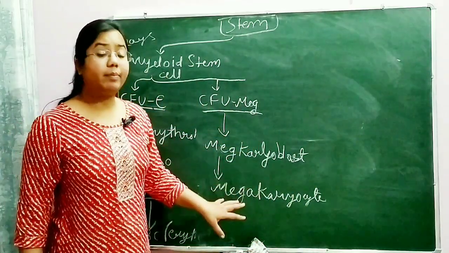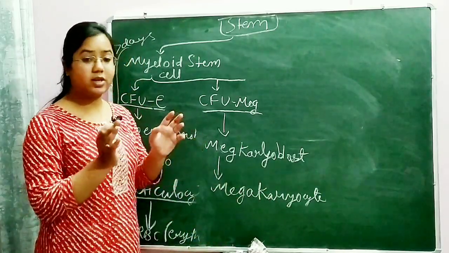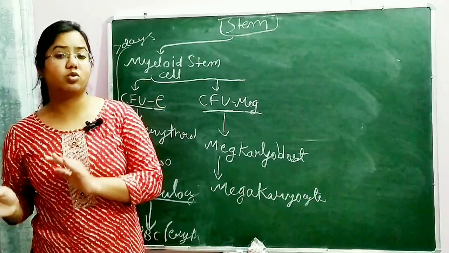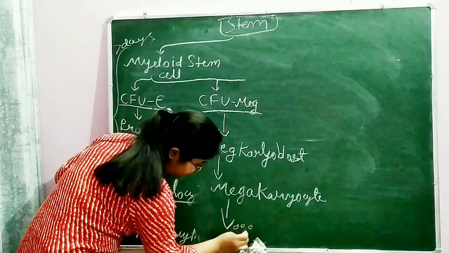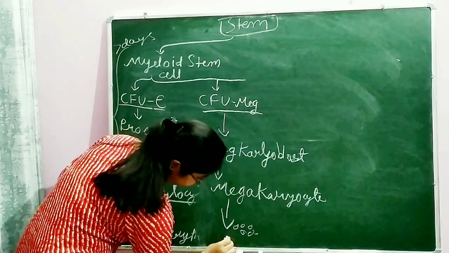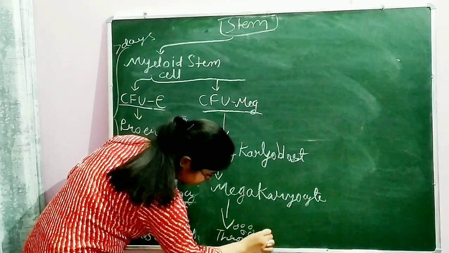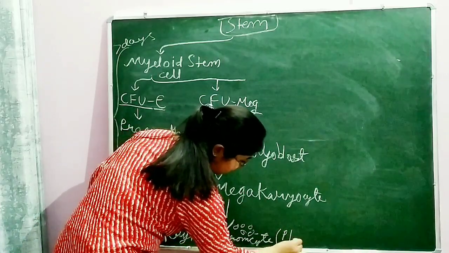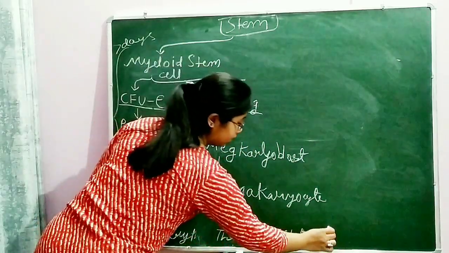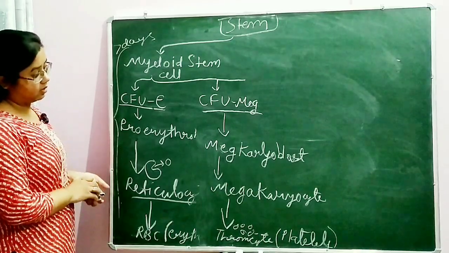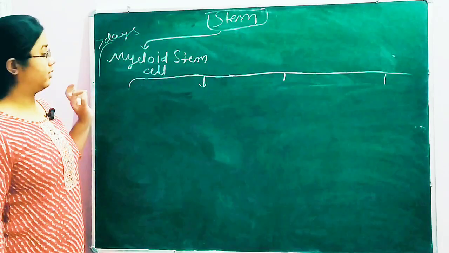This is a big cell, and it fragments into small pieces, and these are known as thrombocytes or platelets. In this way, platelet formation takes place.